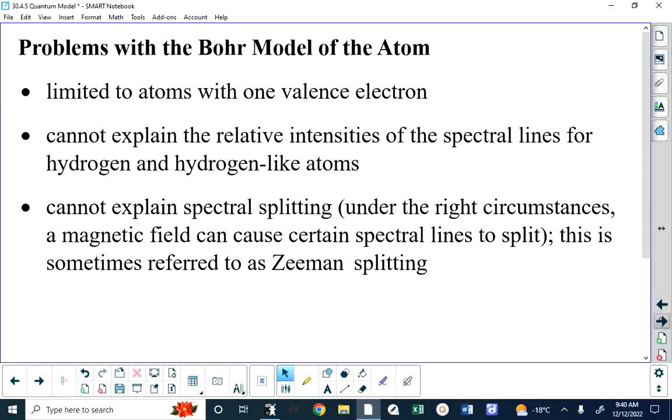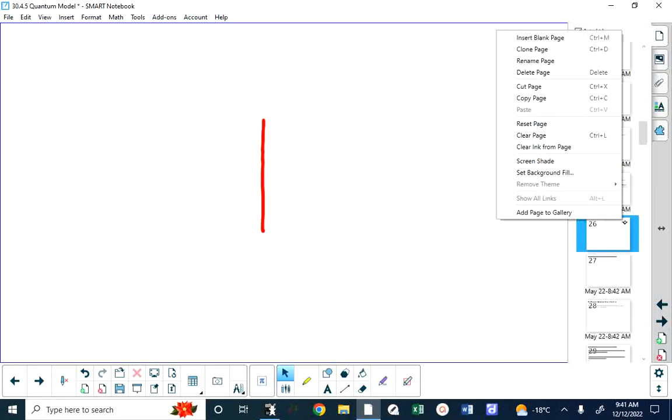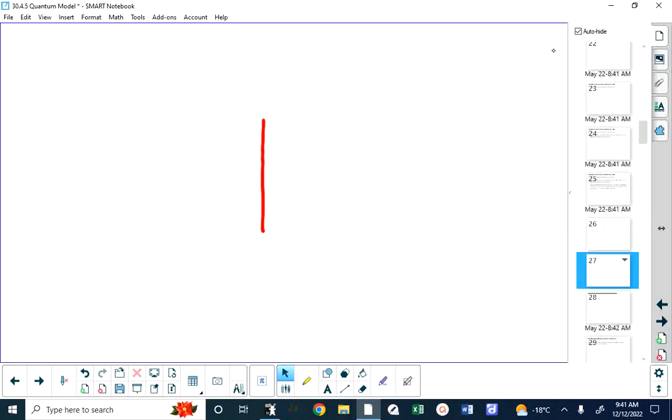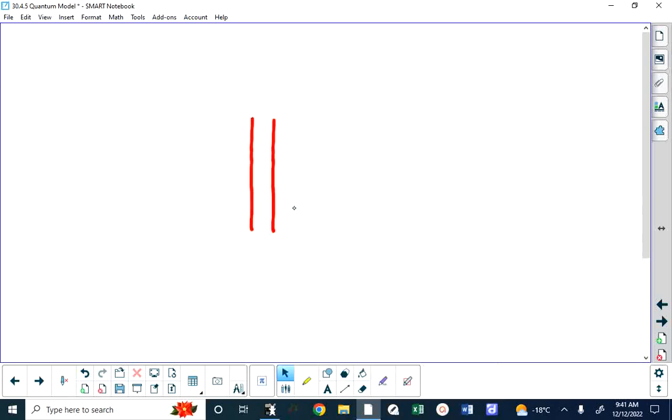So in a more general sense, if you get a wavelength in a spectrum that's there, in terms of the location on your diffraction image or interference image, when you expose this to a magnetic field, sometimes that line goes from this to this. It splits. And neither of those wavelengths corresponds to the wavelength without the magnetic field.